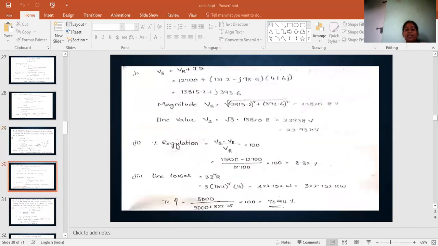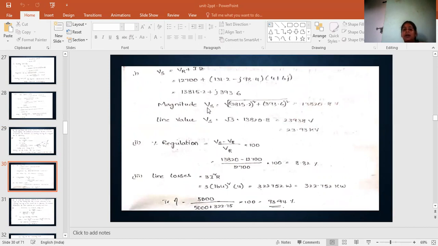Okay. And then the first problem, sending end voltage Vs equal to Vr plus I into Z. So Vr is 12,700 plus the I value into the Z value, multiply the terms and we can get the value. We can also find the magnitude of Vs, that is the square root of the real part square plus the imaginary part square.